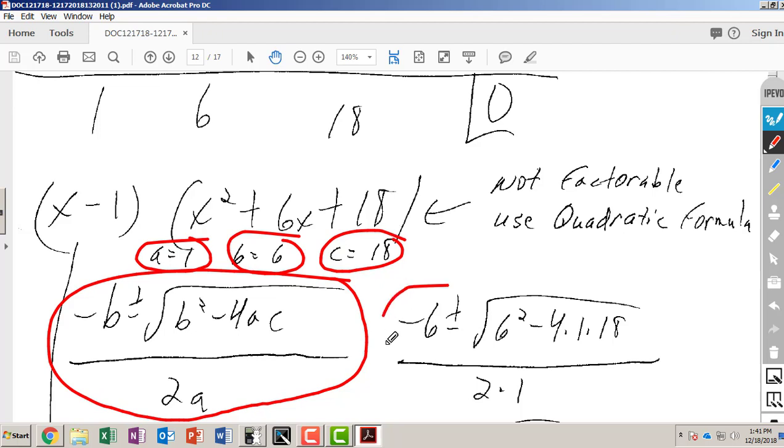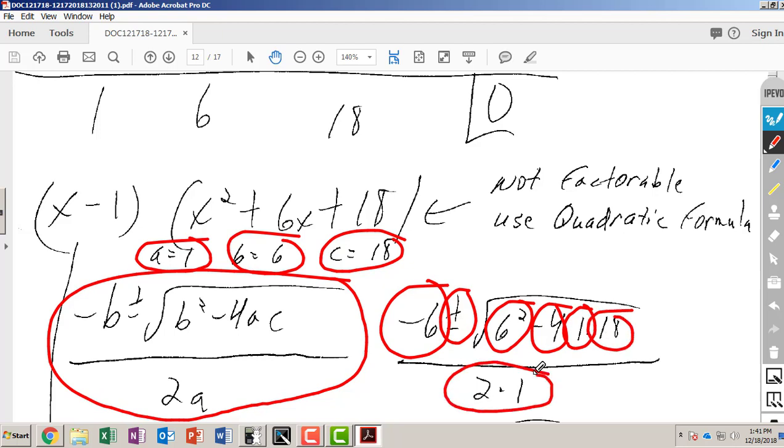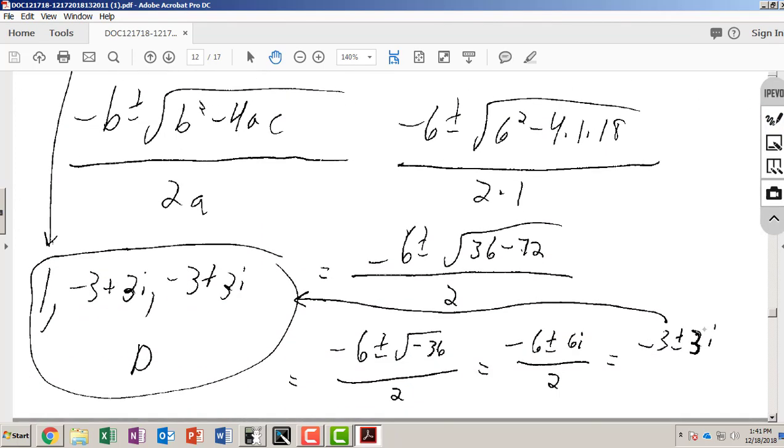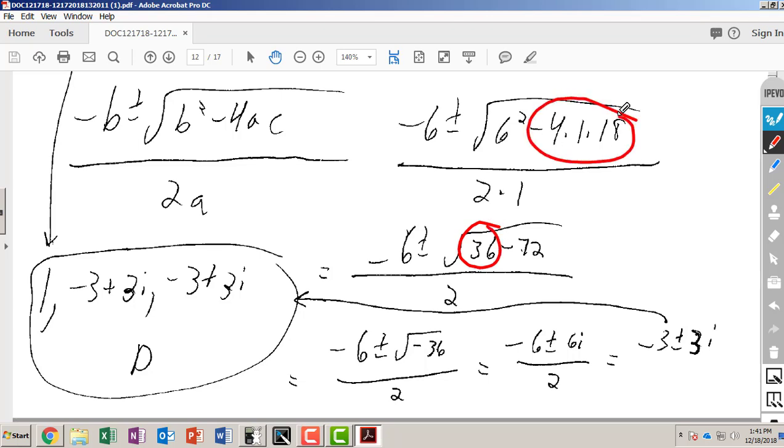So putting in the 6, I get negative 6 plus or minus the square root of 6 squared minus 4 times my a, which is 1, times 18, and that's all over 2 times my a, which is 1. Now that I've done that, I can simplify this down. 6 squared is 36, and negative 4 times 1 times 18 is negative 72.